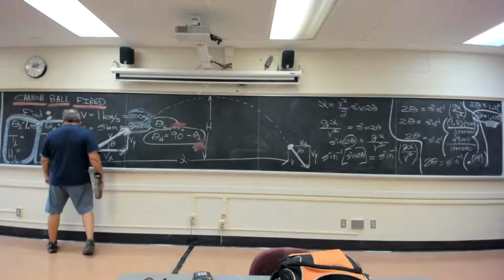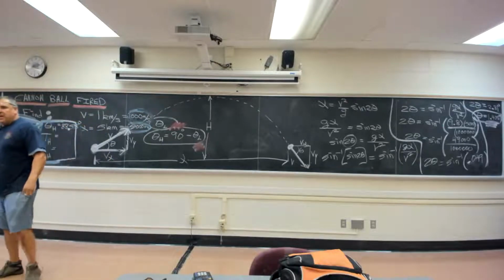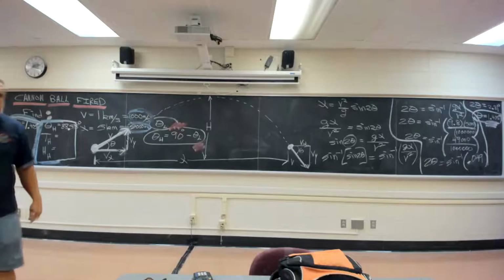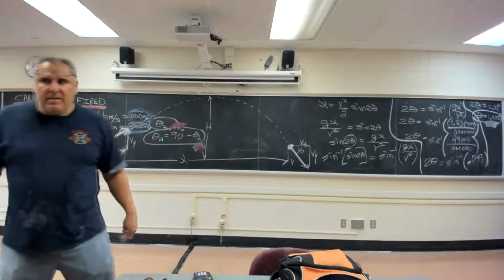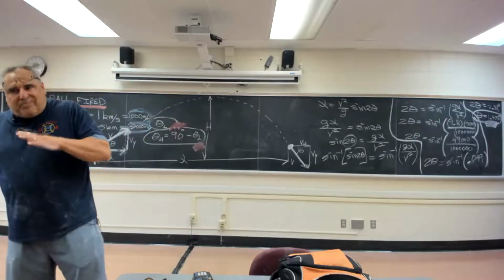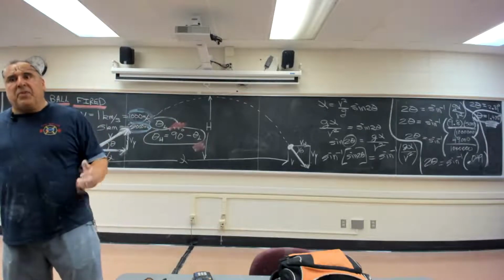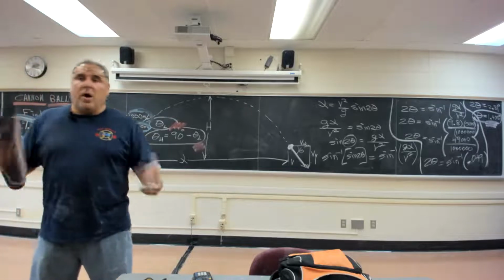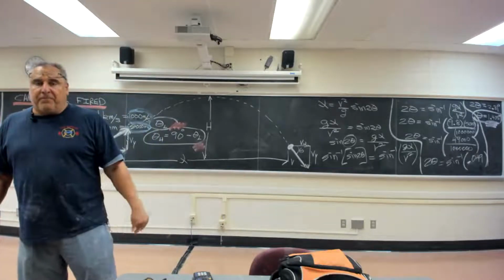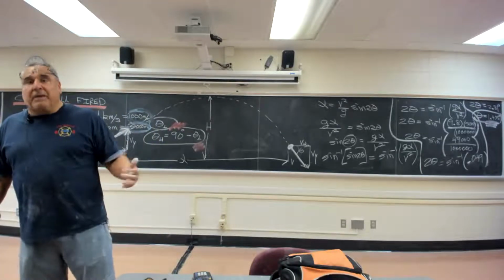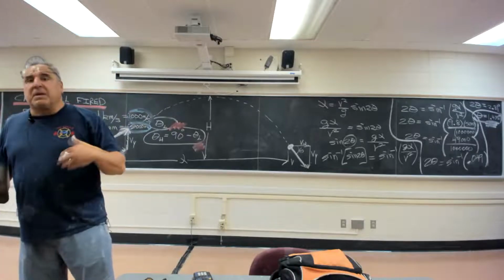Wow, this thing's almost straight up and down. If it's straight up and down, it won't land anywhere near 5,000 meters away. But if you angle it close to straight up and down, it'll go up, and I mean it'll go up forever. We need it to go up and come down, because we need a big flight time.